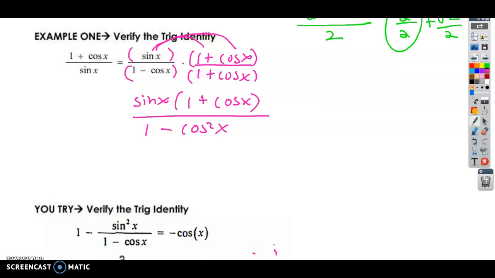Now, we know that sine squared plus cosine squared equals 1.